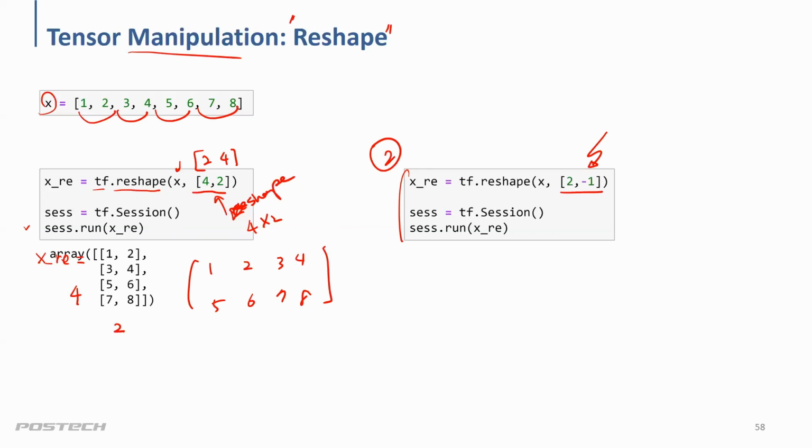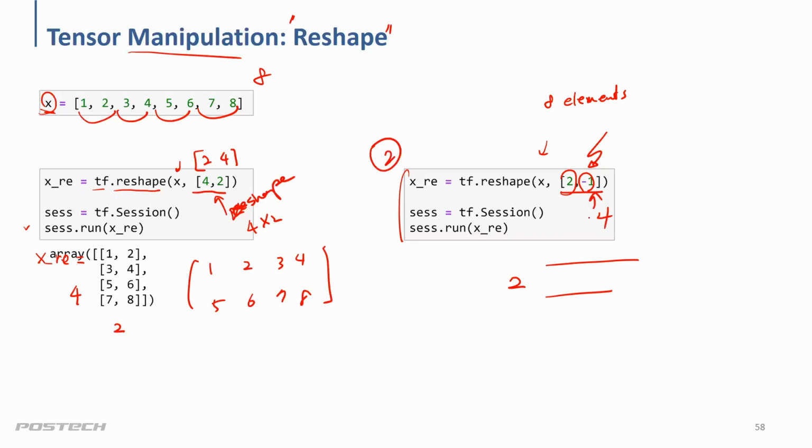How do you get -1 in the shape? It's weird, but let me think about it. Since we know that x has 8 elements, and here we know that this is 2, obviously this is 4.